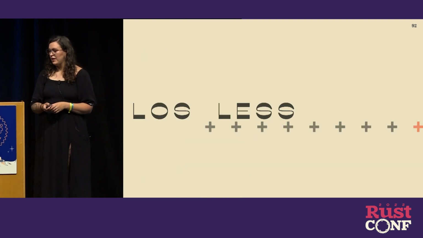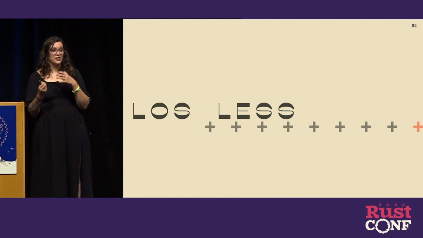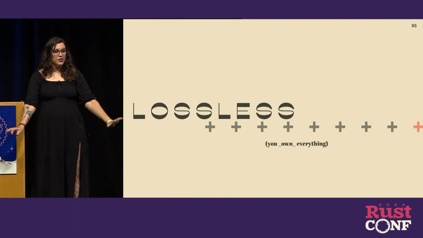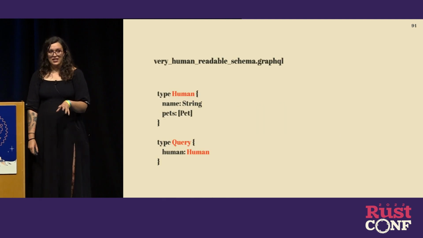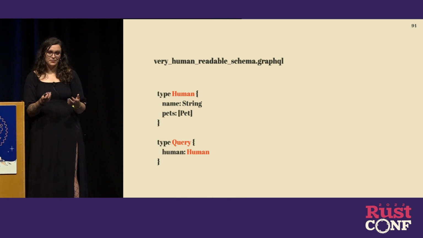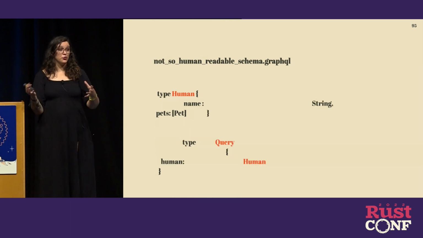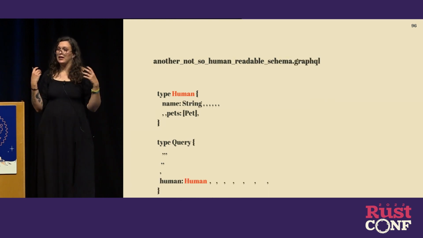The other thing is that the parser itself, and the compiler, is lossless, which means we keep everything you send to us, like everything. For example, we have this very readable schema that's quite standard, but we can also have a schema that has a lot of ignore tokens that we keep.